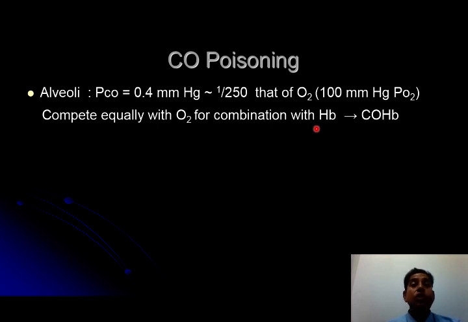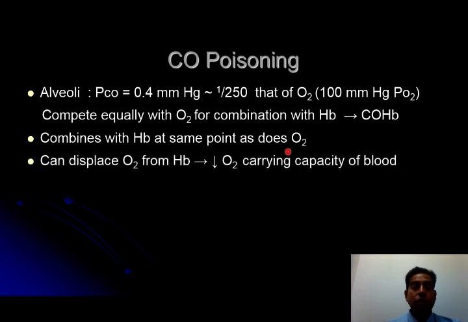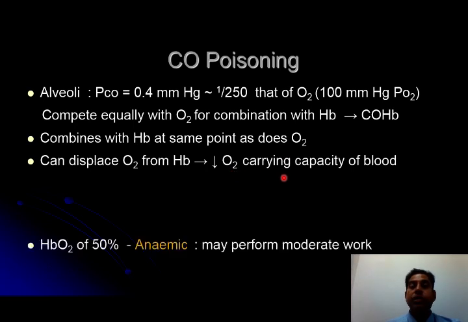So there is no hemoglobin left for the oxygen, because of the high affinity of carbon monoxide for hemoglobin, it combines first with the carbon monoxide, leaving very little hemoglobin behind. It combines with hemoglobin at the same point as does oxygen, so it can displace oxygen from hemoglobin, hence decreasing the oxygen carrying capacity of the blood.